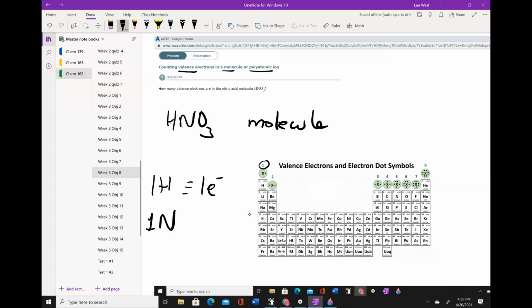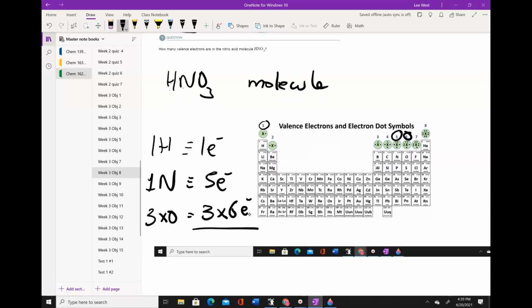I've got one nitrogen, and he's going to contribute 5 valence electrons because he's in group 5A. And then I've got 3 oxygens, and they're going to contribute 3 times 6 because they are in group 6A.